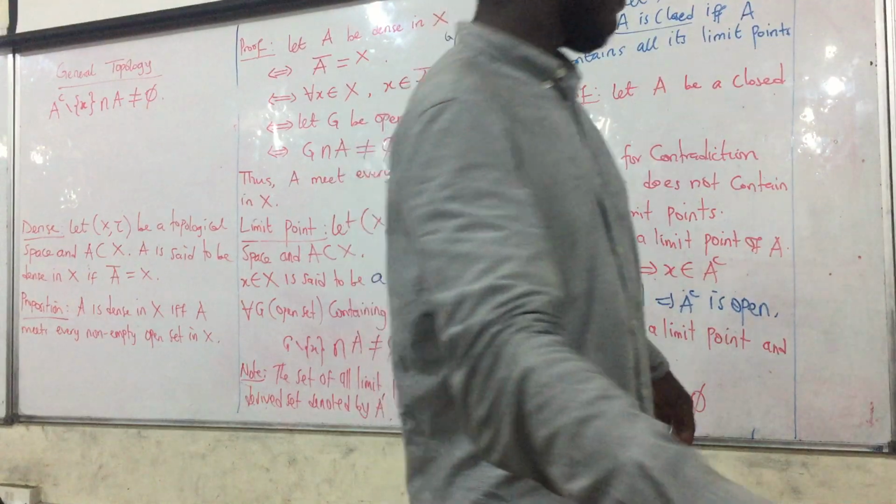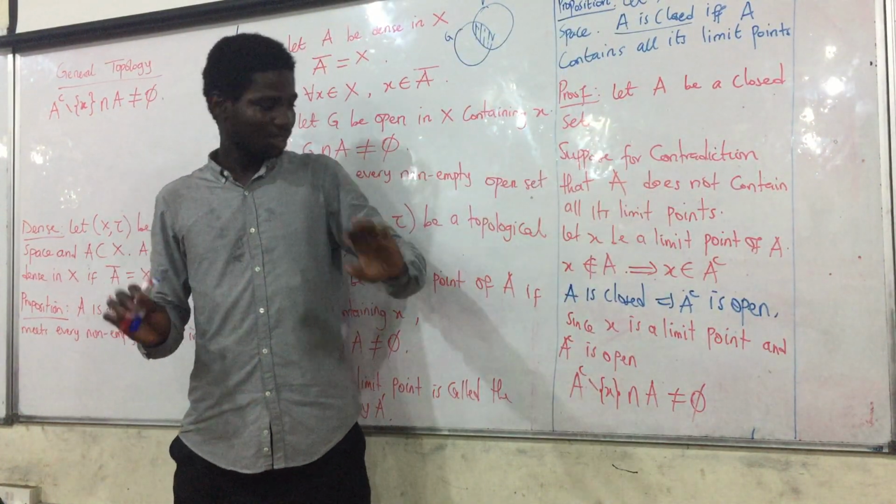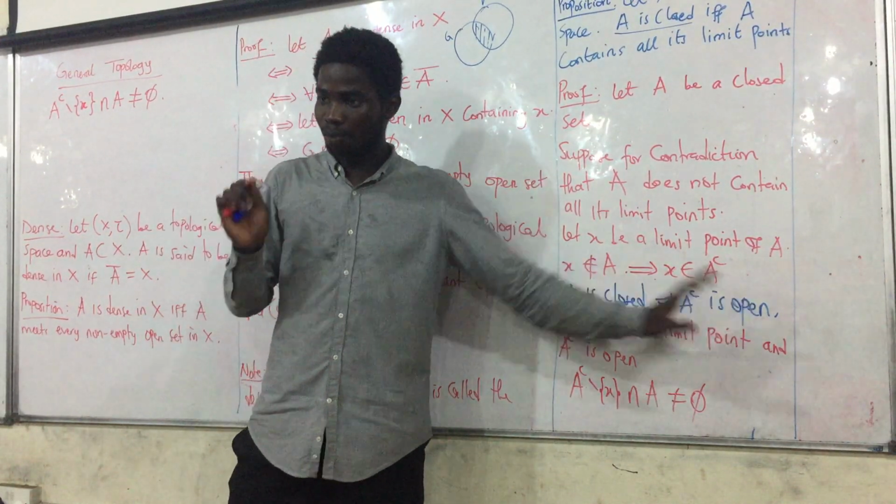Okay. A is closed, isn't it? I said let A be a closed set, and if A is closed, it means that the complement is open.